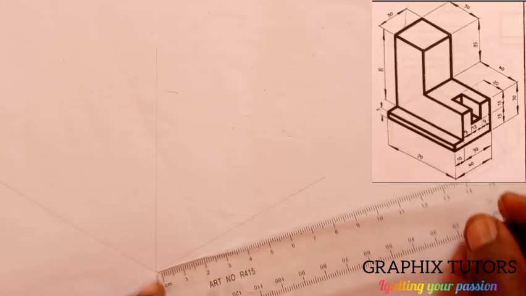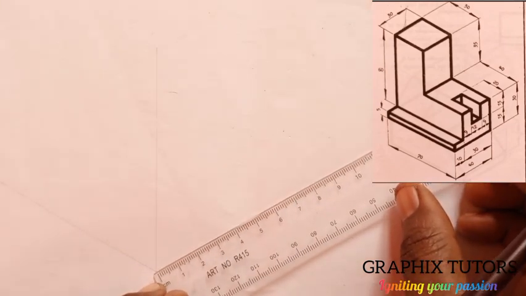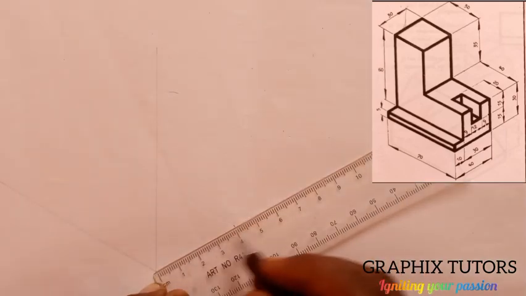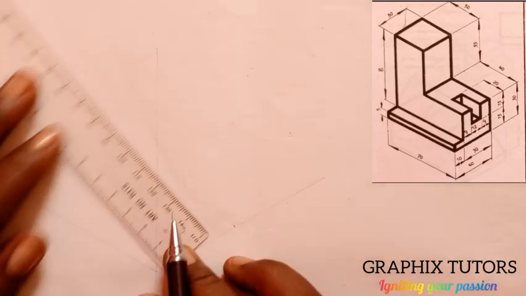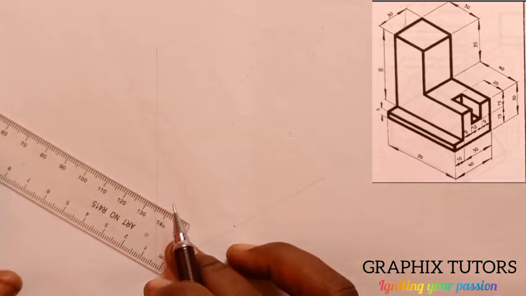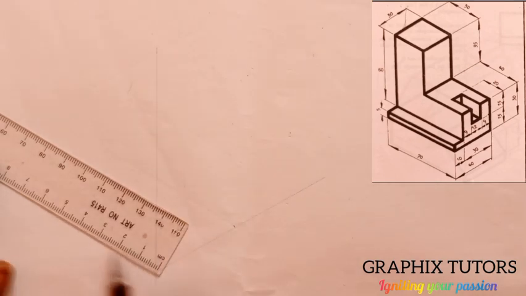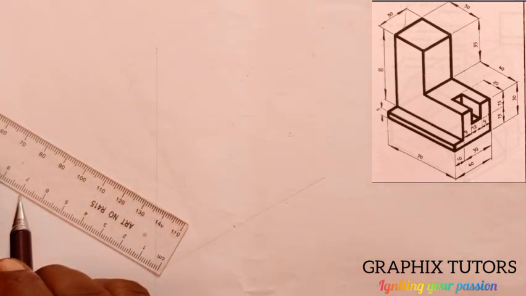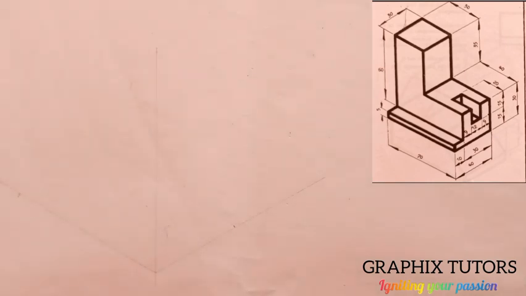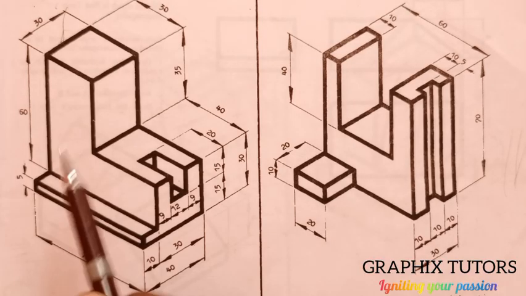X from here, I'll measure, we say it is what? 40, right? From 0 to 4 is 40, then z is 70. So from 0 here down to this point here is given as what? 70.